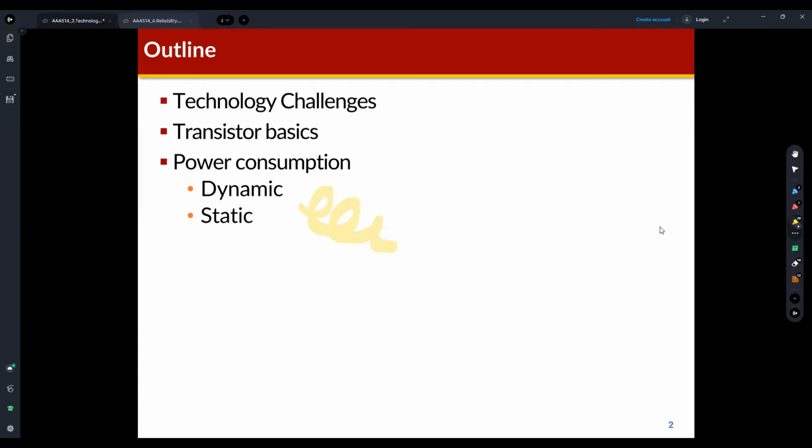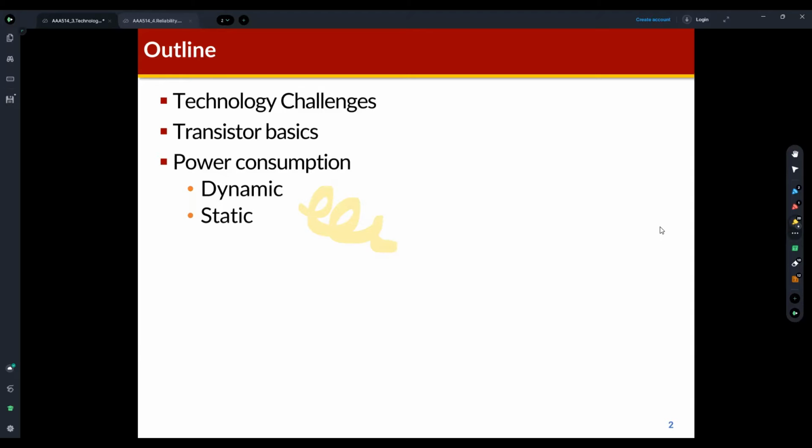But making very small devices is actually very difficult. So the manufacturing cost is increasing, and recently semiconductor technology is very critical for the nation's industry.